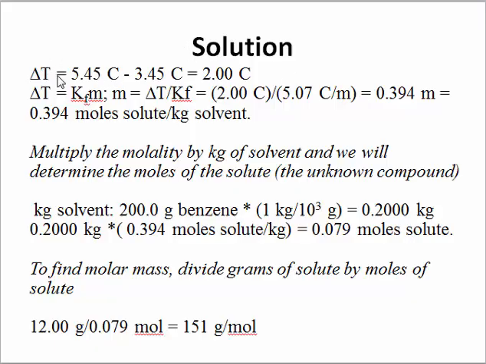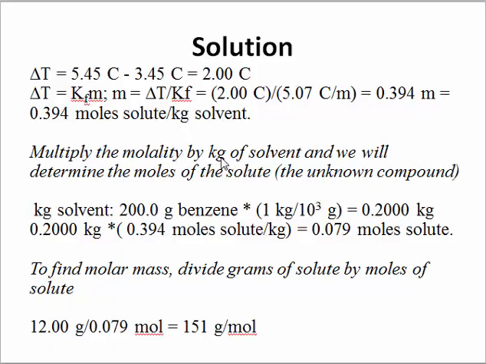Alright, first, 5.45 minus 3.45 is 2. It's important to know the freezing point has been depressed, or lowered, by 2 Celsius. If we know the freezing point depression and Kf, we can solve for the molality, which is 0.394 molal in this case, 0.394 moles of solute per kilogram of solvent.